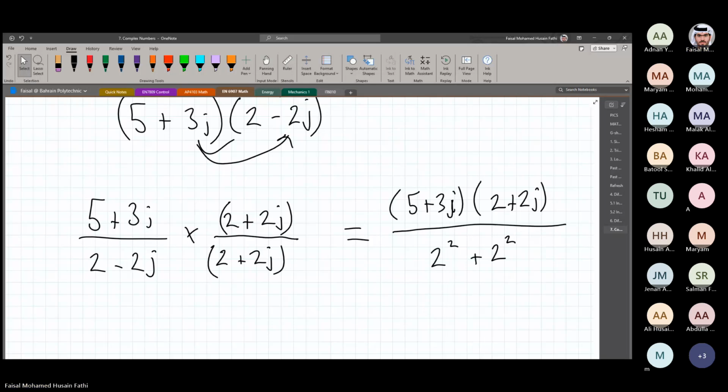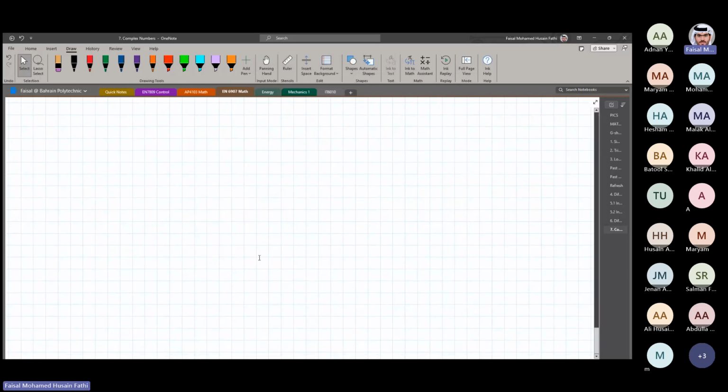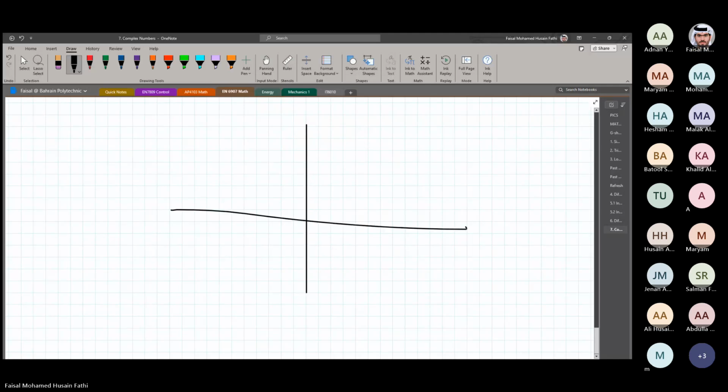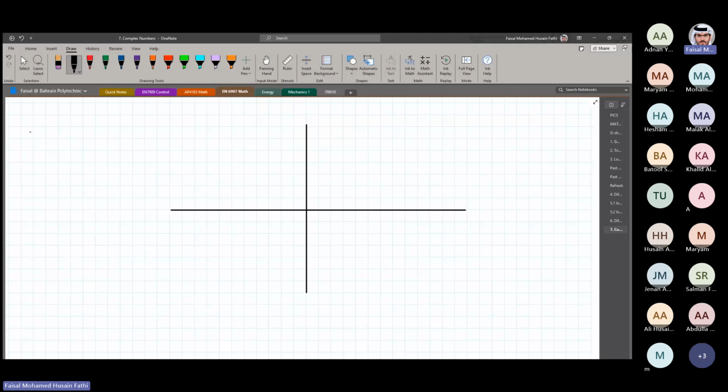Okay. If you remember from MATLAB, again, graphing. Graphing of complex numbers. So let's say we have a complex equation of 5 minus 3j. And then this is our real axis, and this is our imaginary axis.